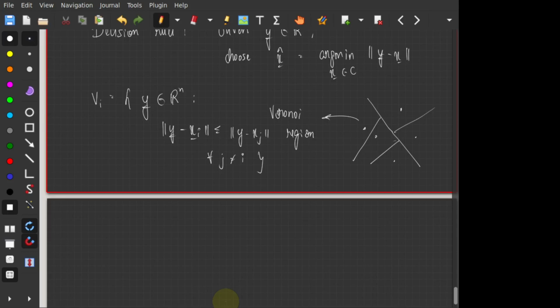Hyperplanes are like half spaces. Okay, it's a good point. And what is that called? An intersection of half spaces. The polyhedra.